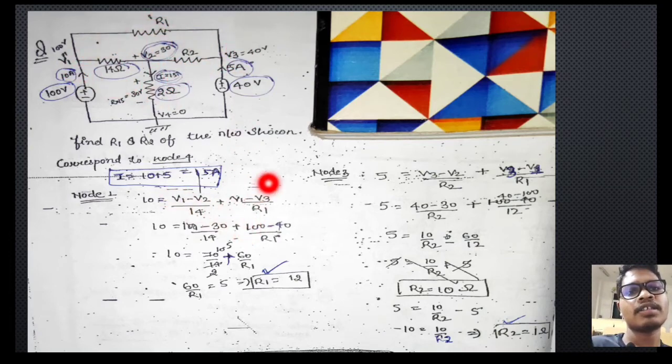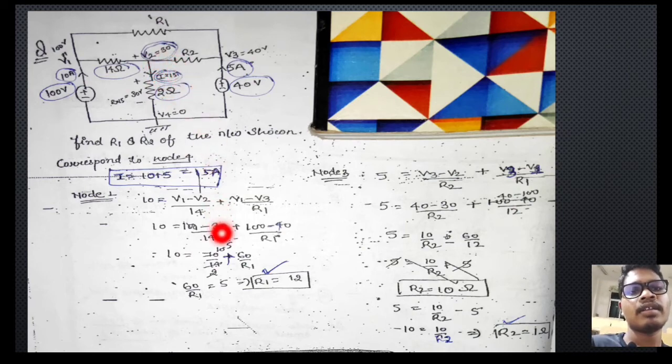So this is the first equation, and across node 3, first we need to solve this one. V1 is given as 100 volt, and V2 is 30 volt, which we have already calculated.